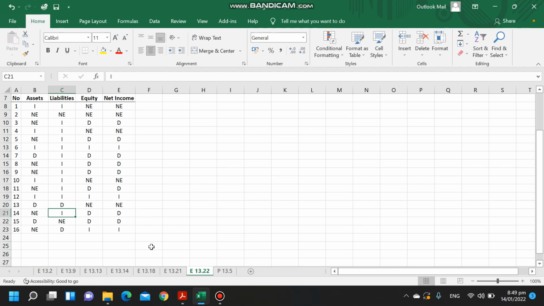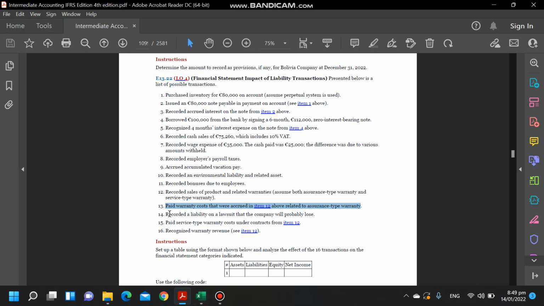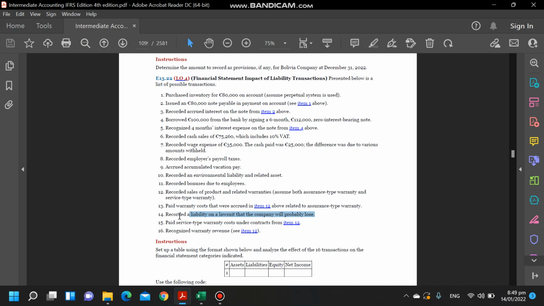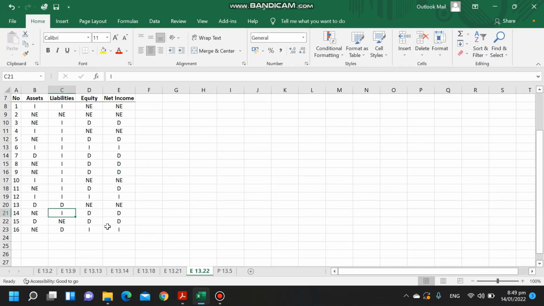And then number 14, recorded a liability on a lawsuit that the company will probably lose. Probably lose means that there's a chance that we will lose, so we must already recognize the liabilities that may happen.